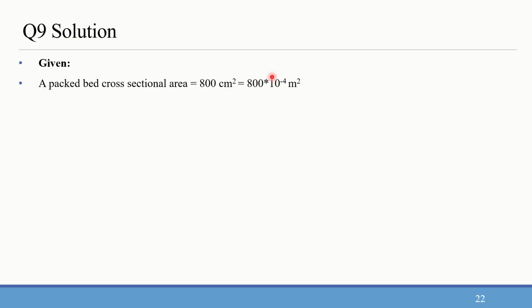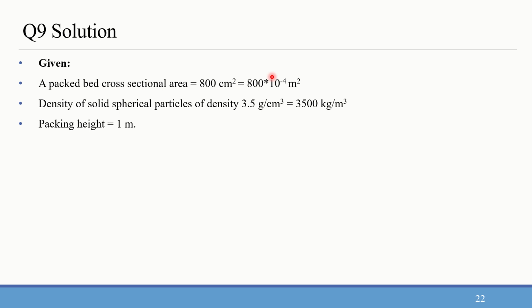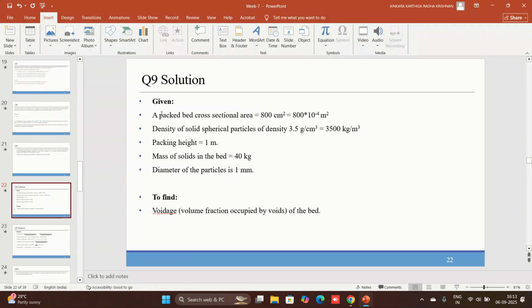So first, what is given? A packed bed of cross-sectional area 800 centimeter square, and the density of the solid spherical particles. How do we calculate the volume of solids? We are given the density of the solid particles, and we know the mass of the particles. So mass divided by density gives us the volume. Packing height is 1 meter, the mass of solids in the bed is 40 kg, and the diameter of particles is 1 mm.